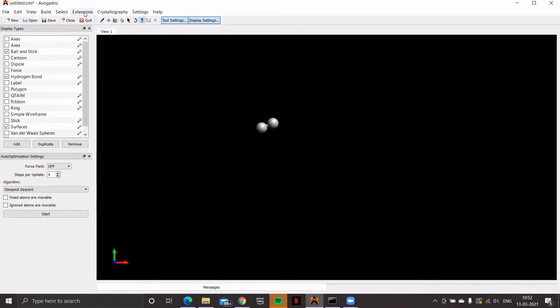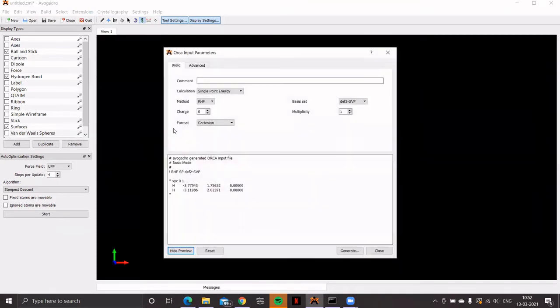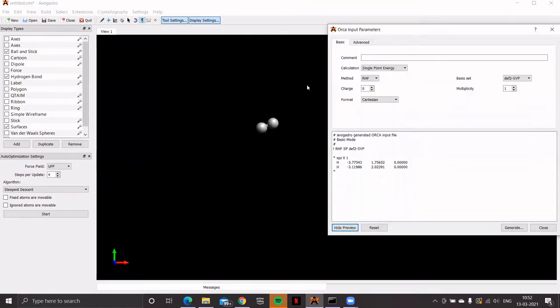So I'll go to the extension menu, choose the ORCA option, generate input file, generate ORCA input. Since we can't create H2 positive ion for molecular mechanics, geometry optimization for H2 positive ion is not possible using force field. That we can do only with quantum mechanics.